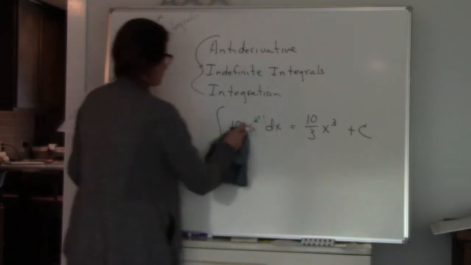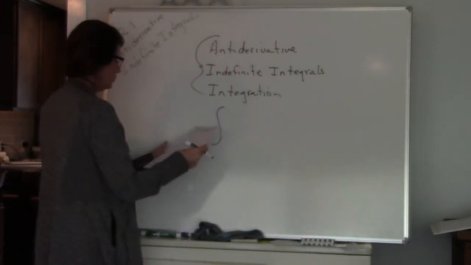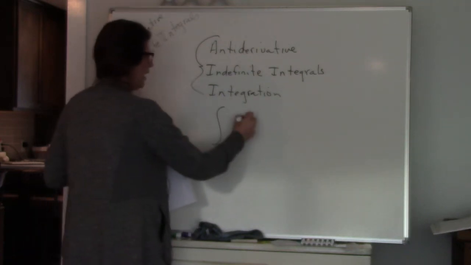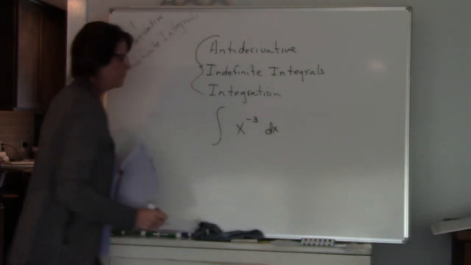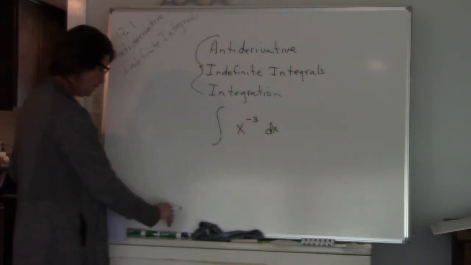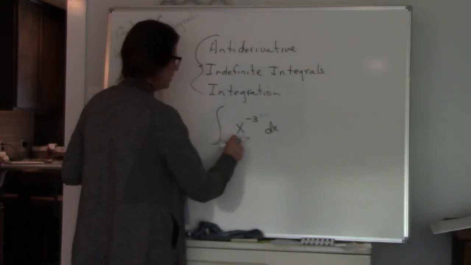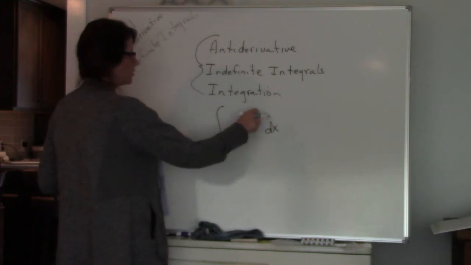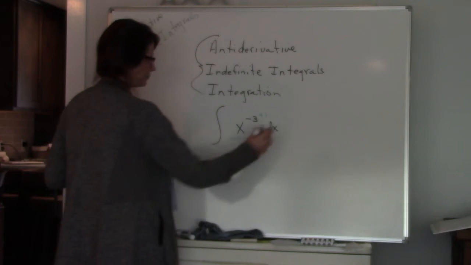Now, what if you have one like this? I'm just giving you several different examples that you're going to see on your My Math Lab. How about x to the negative 3 dx? Again, all you're going to do is add 1, and then divide by the new exponent. The new exponent is negative 3 plus 1, which is negative 2.